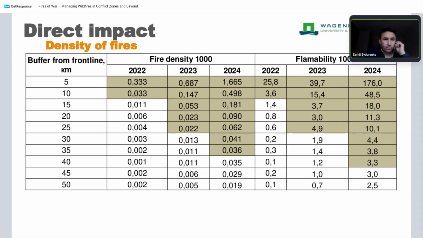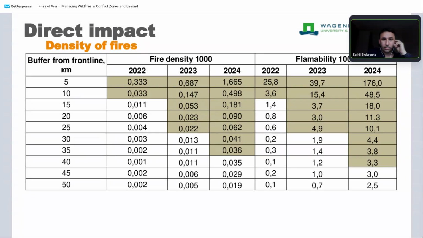But it is important also to think about the density of fires. By density of fires, we mean the number of wildfires for each 1,000 hectares. And flammability is a metric which expresses the total burned area for each 1,000 hectares.